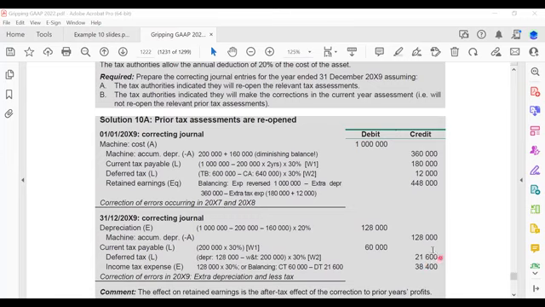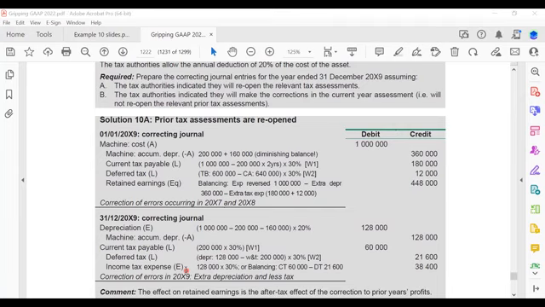And here is the increase in our deferred tax liability. The contra account for those tax entries is 38,400. And those can now be processed to our income tax expense because this account has not been closed off to retained earnings. We're in the current year, so we can process journal entries to our expense and income accounts.